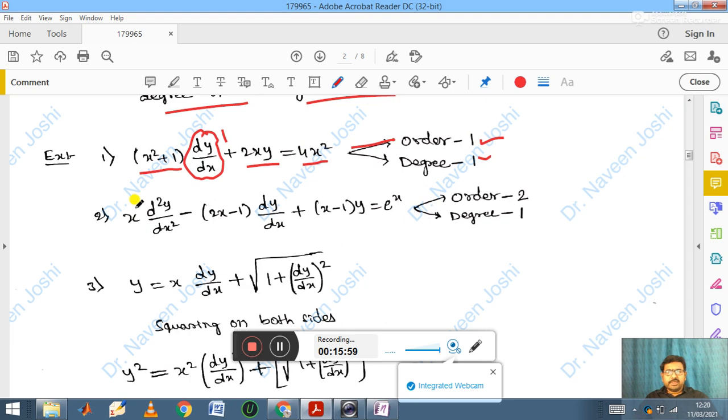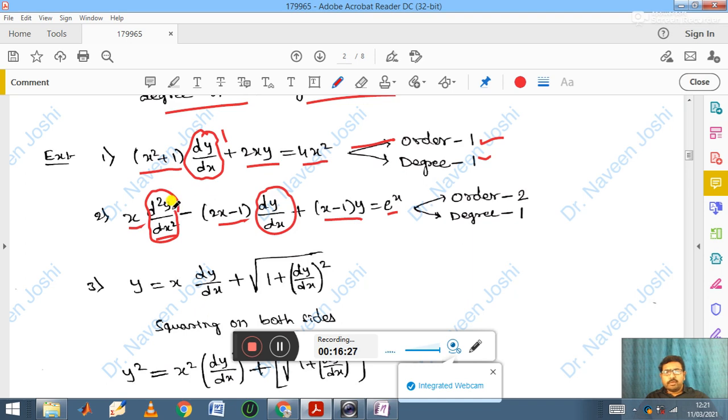Go to the second example. x d²y/dx² minus (2x minus 1) dy/dx plus (x minus 1) y equals e^x. This is one differential equation. Here it consists of d²y/dx², a second order derivative, and dy/dx, a first order derivative.